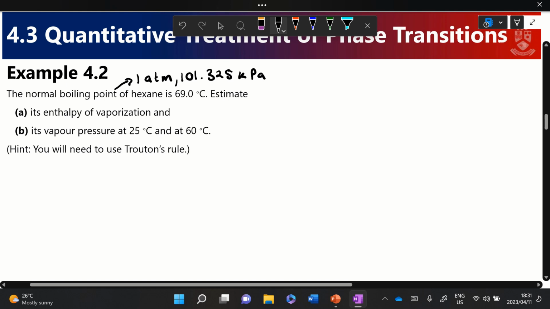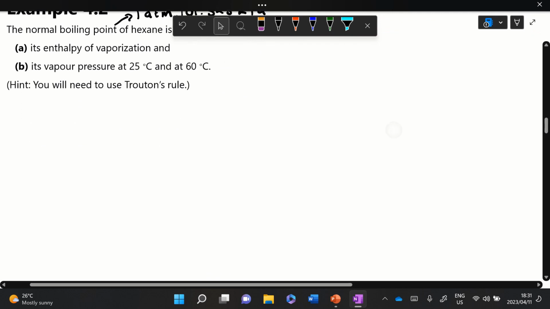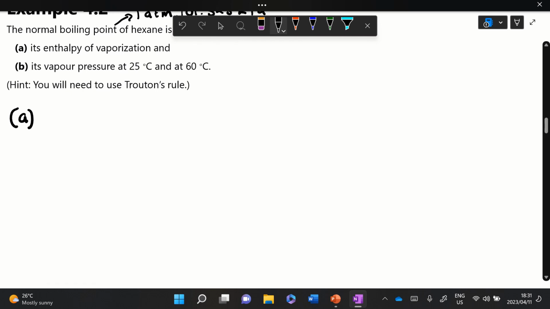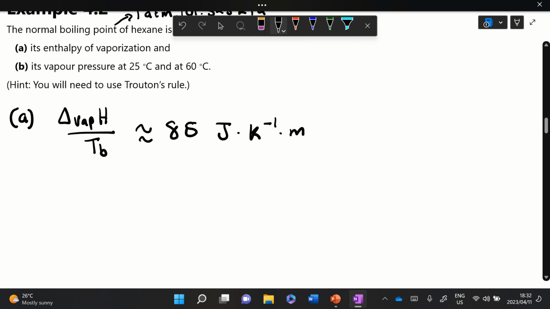Okay, then we're asked to estimate its enthalpy of vaporization. So for A, we're actually going to use Trouton's rule. And if you recall Trouton's rule, have to go back a little while, it said that the enthalpy of vaporization divided by the boiling temperature is approximately equal to 85 joule per Kelvin per mole.